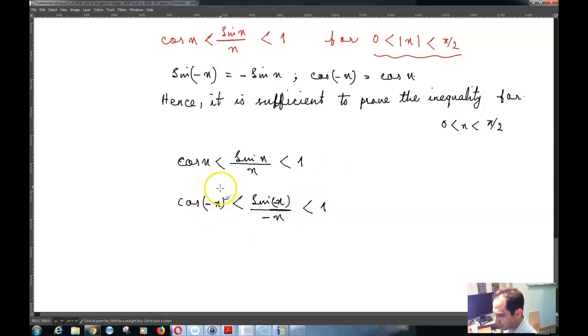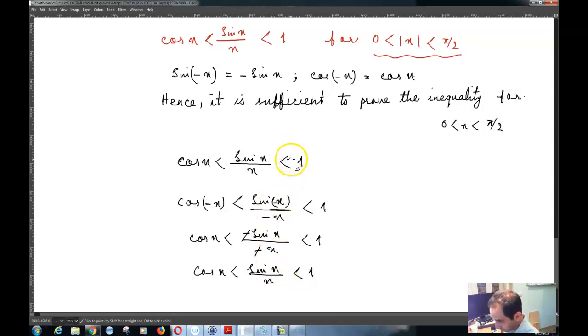And then cos of negative x is equal to cos x, and that would be negative sine x by negative x less than 1, and then you can cancel these two out. You'll get cos x is less than sine x by x is less than 1.